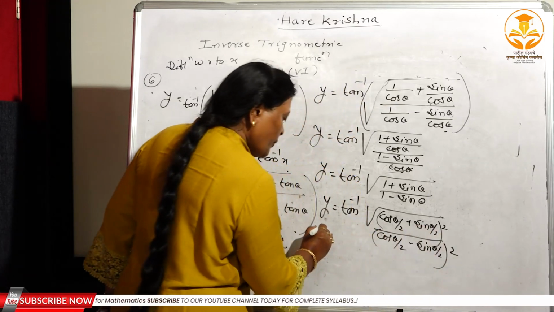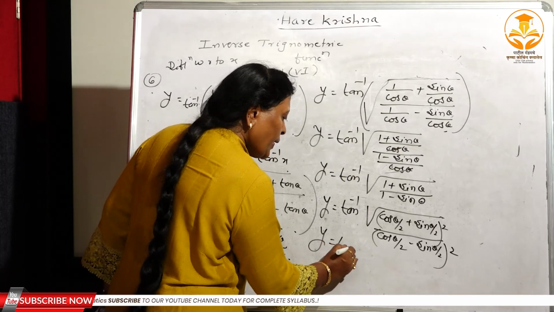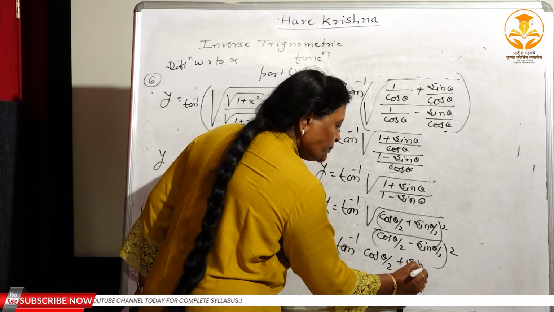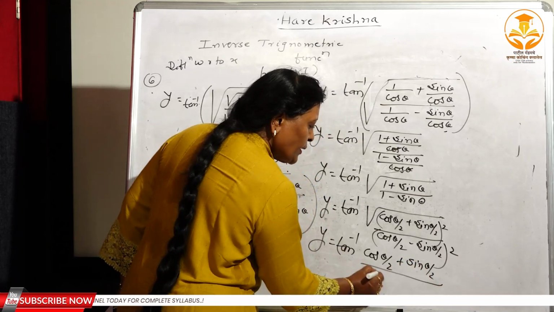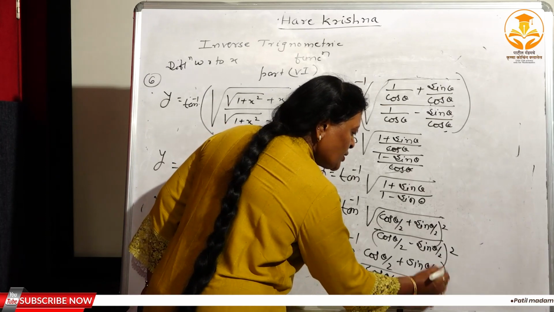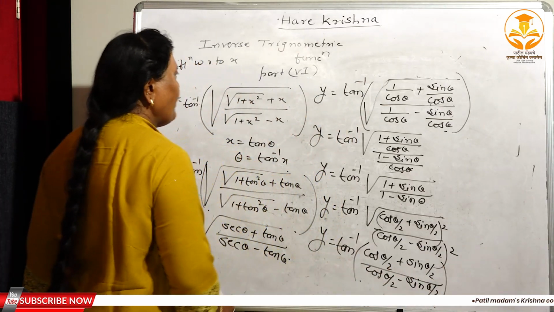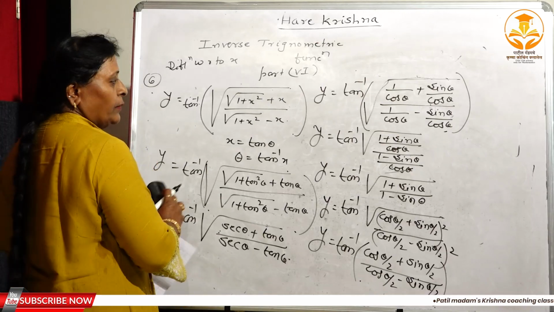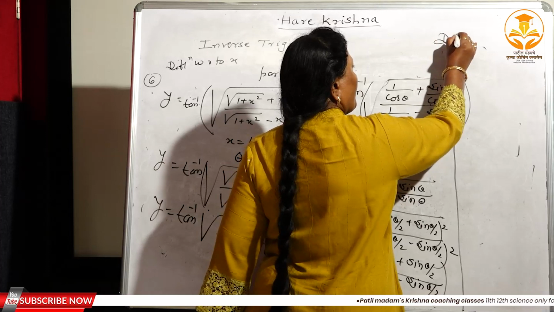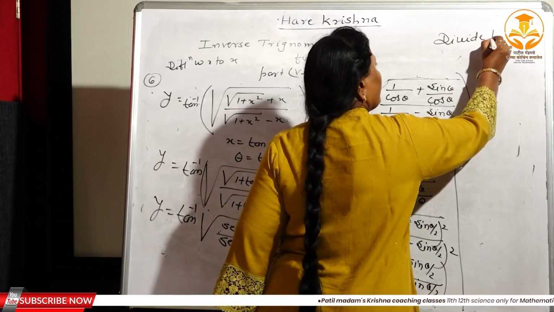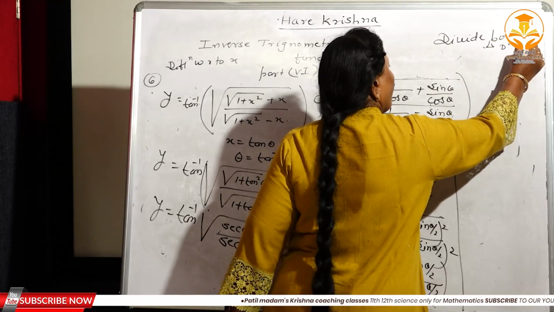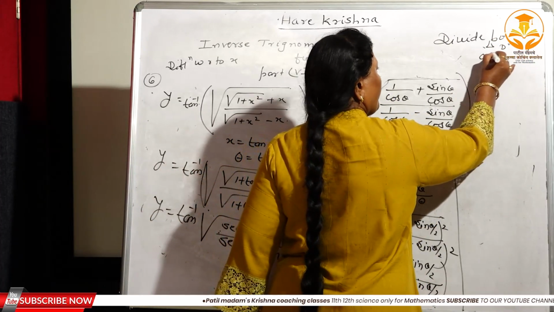Therefore, out of the square root, you have got cos theta by 2 plus sin theta by 2, here again cos theta by 2 minus sin theta by 2. Again as usual, what you have to do? You have to divide both numerator and denominator by cos theta by 2, isn't it?